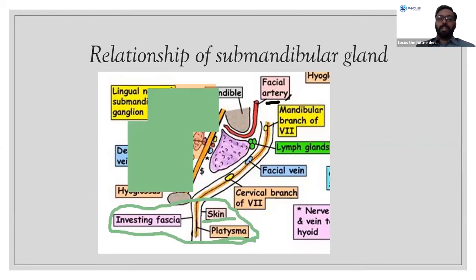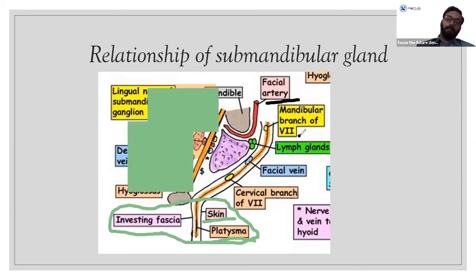One is your facial artery. Just see, it is more superficial and it is looping around the mandible. It enters from the deep part and comes out to the face from the angle of the mandible. So it is in close relationship to the superficial part.